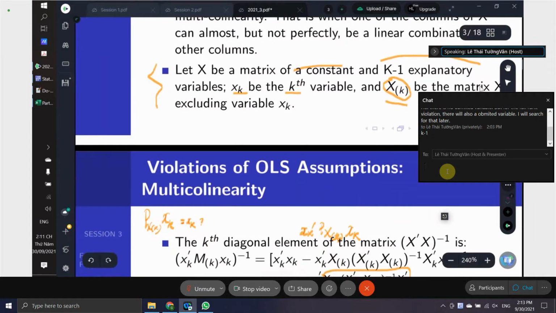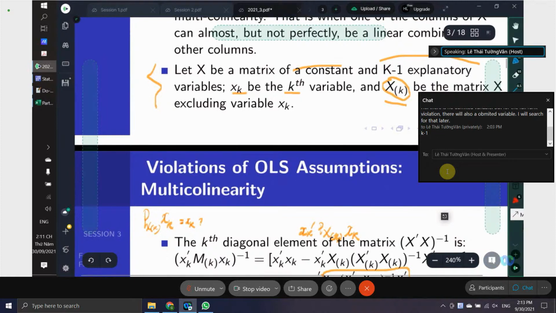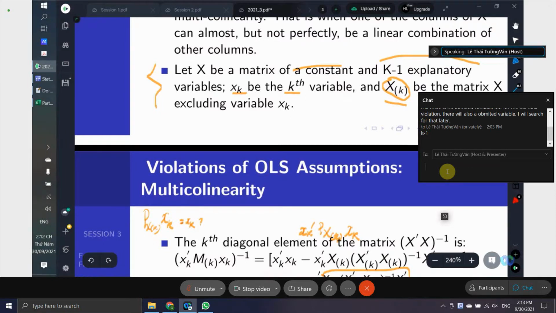Okay, so now my question is, what is the quantity p xk times xk? Right, that's my question. I may ask someone else.